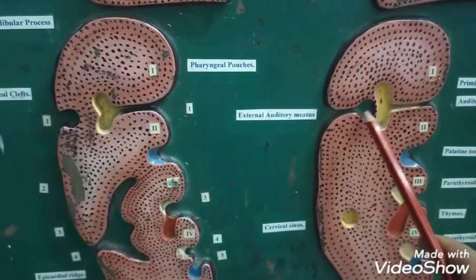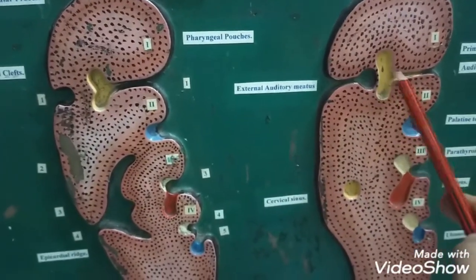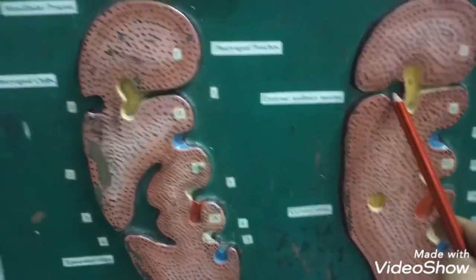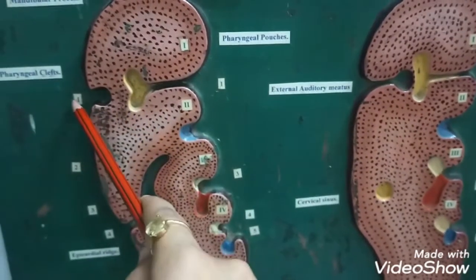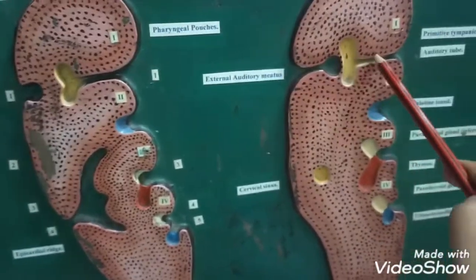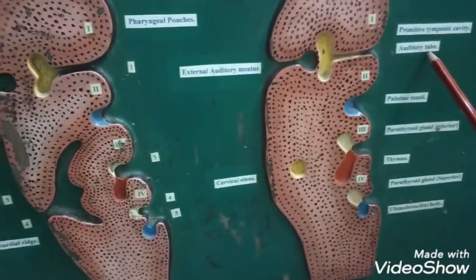See in this figure, the first cleft and the first pouch are in close contact. From the first cleft the external auditory meatus develops, and from the first pouch the primitive tympanic cavity and the auditory tube.